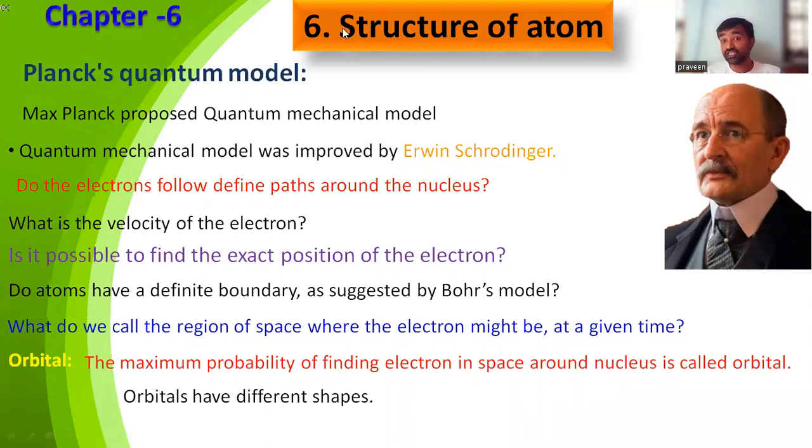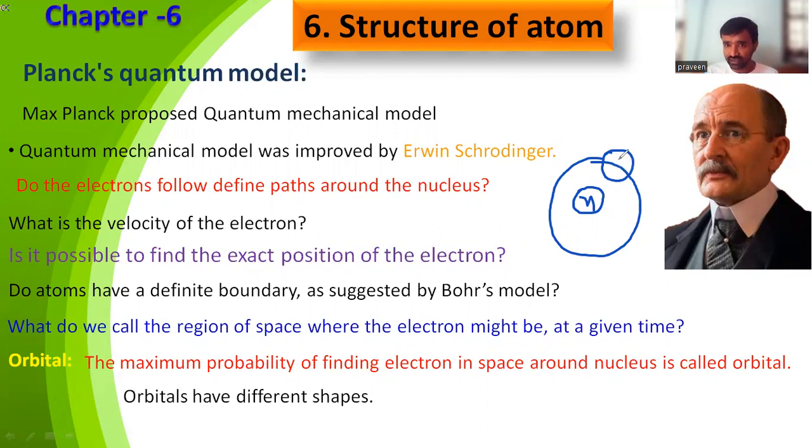Consider the space around the nucleus, for example, if you assume this is the nucleus. Some space is occupied by the electron moving in a definite path. In this path, you have a maximum probability region. Suppose this region is assumed. I'm not talking about the shape, just a space with a particular area.